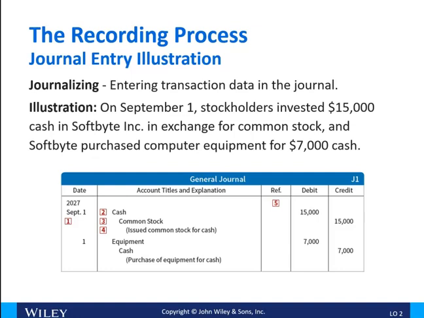But if we look at the next one, we bought equipment, purchase of equipment for cash. Yeah, you could say you bought equipment, but I would even put a little bit more description in that explanation. Maybe purchase computer equipment could be a way. So when you look back, you can see that. And then the reference column, number 5, we'll see that when we go to the posting.